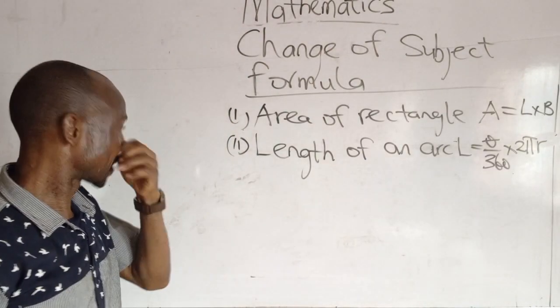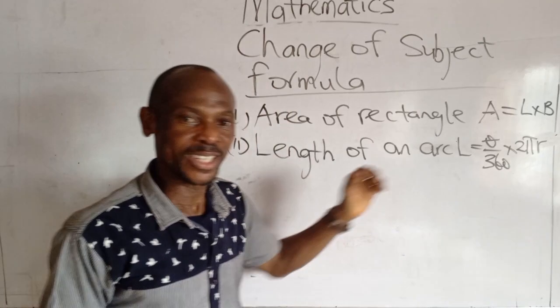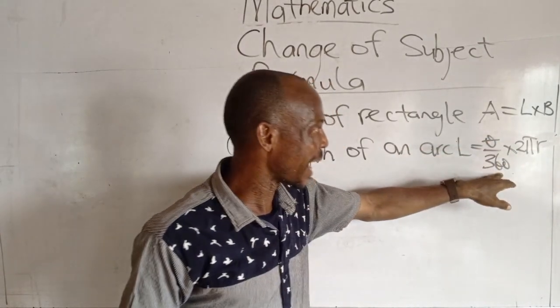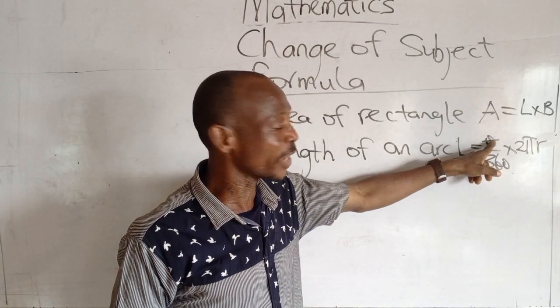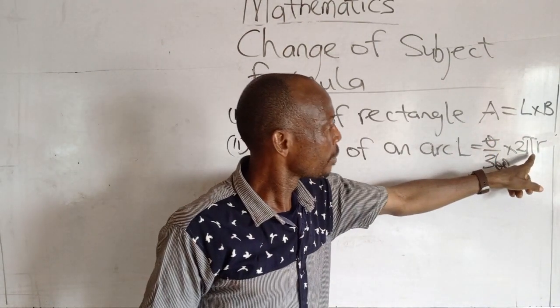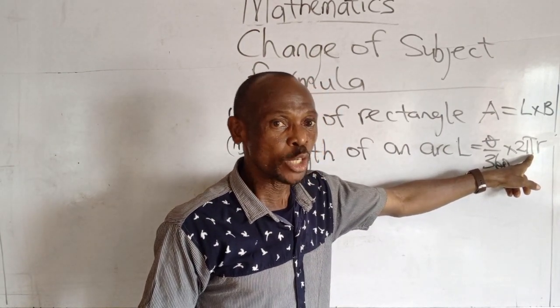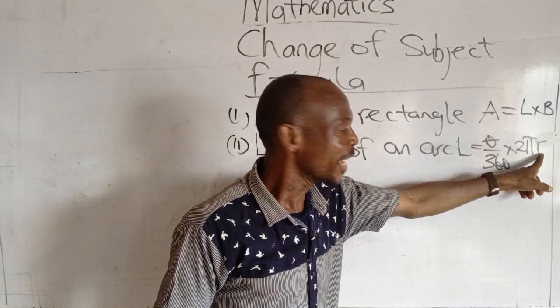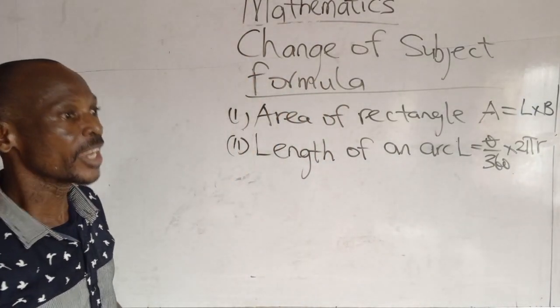Now you can see that for this formula, we have letters, we also have symbols, and we have numbers. Theta is a symbol representing what? A given angle. Pi here is a symbol that represents a number, which is 22 over 7. And r here is a letter that represents the radius of a circle.